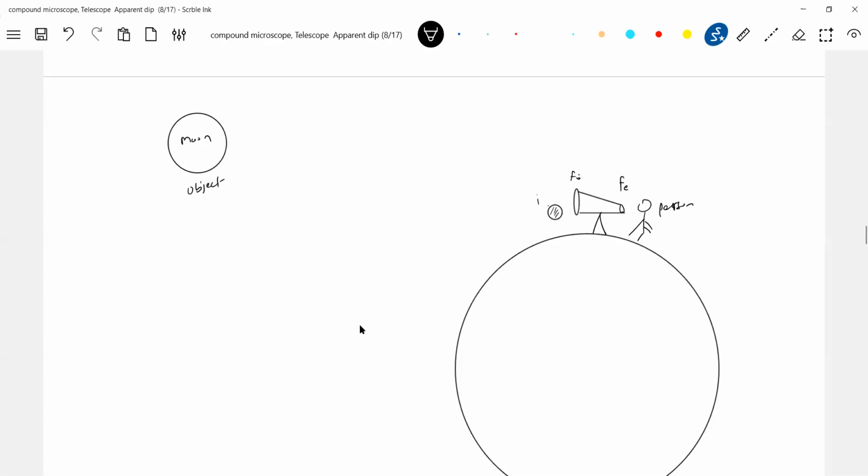The object which was far away, after undergoing refraction, its image will be formed.